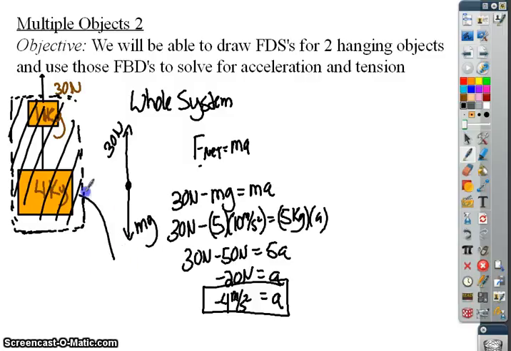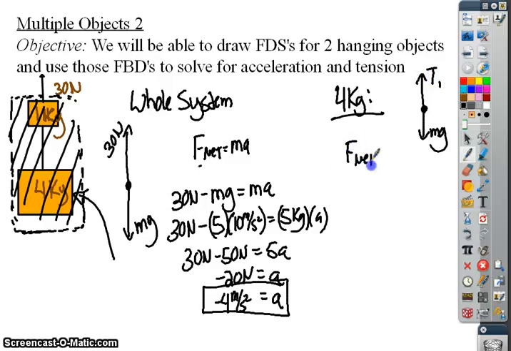So now I'm just going to look at the 4 kilogram box by itself. This is the 4 kilogram box by itself. So I draw a free body diagram. mg is pulling it down. Tension is pulling it up. F net equals ma. T1 minus mg equals ma.